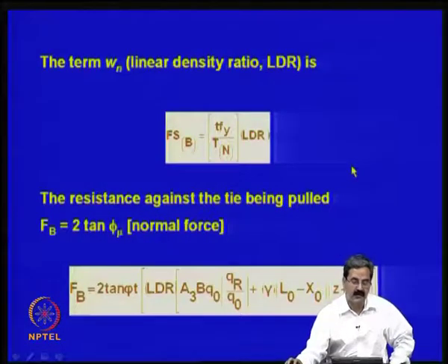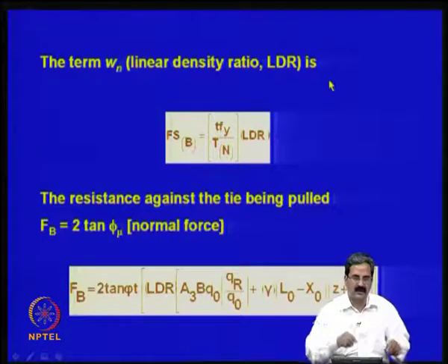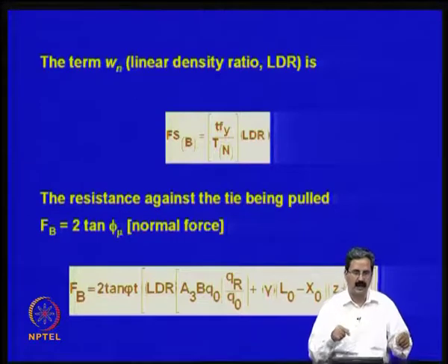Now, sometimes what we do is use another term, the linear density ratio. For example, the other day I was showing you a photo in which you have reinforcements at different places. Say for 1 meter they have 10 or 15 members. Like if you take a wire mesh which is available, it also has some gaps in between.